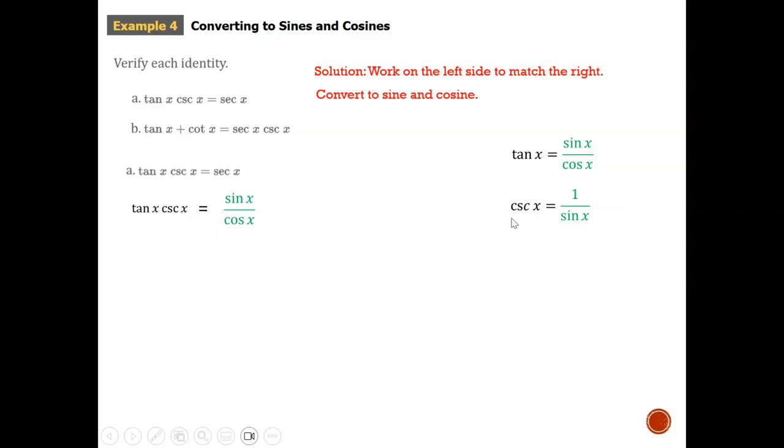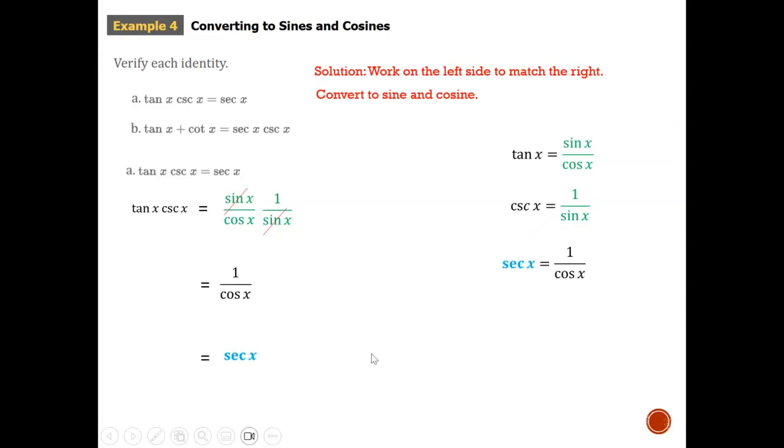So I'm going to replace cosecant with 1 over sine x. If you notice, the sine x and sine x cancel. So we're left with 1 over cosine x, which by the reciprocal identities is secant of x, and that's my answer.